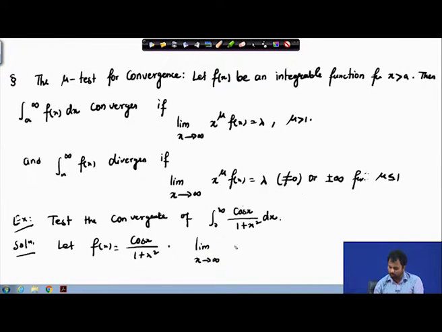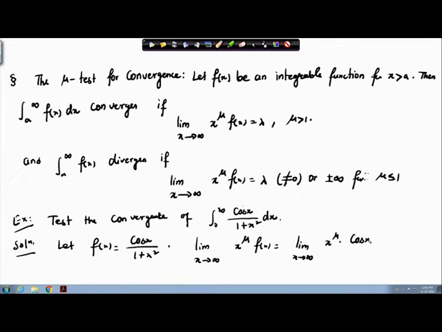as x goes to infinity of x to the power mu times f(x). This will be the limit as x goes to infinity of x to the power mu times cos x by 1 plus x square, and if I take mu at least equal to 2, then this whole thing will be equal to 1.